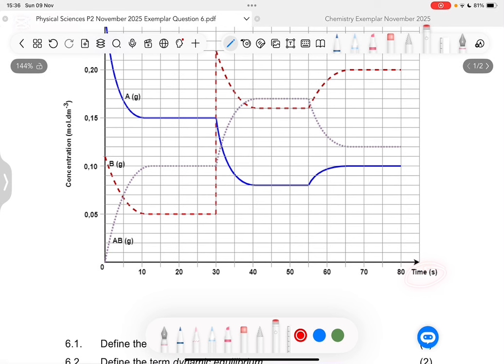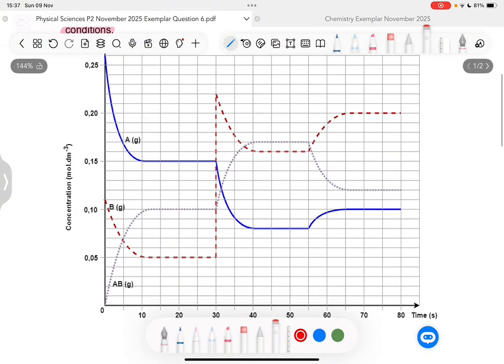against time. This is plotted with time. So as the reaction progresses, we look at how those concentrations change, and we can see here that there's a lot of lines that represent the increase, decrease, or even remaining constant of the concentrations. Let us go through this diagram so that we are able to understand how the concentrations change with time.